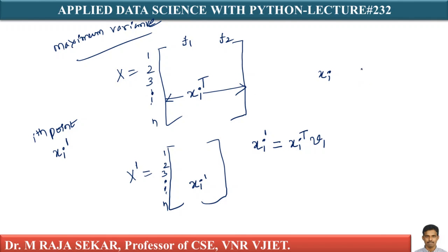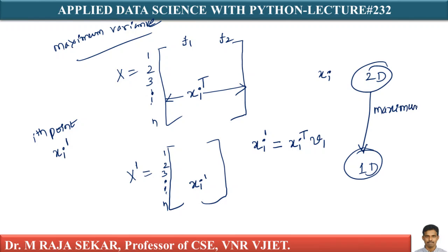I have originally two-dimensional data, and I am converting it into one-dimensional data by using the maximum variance method, that is PCA, isn't it? Yes. In PCA, when I want to reduce data from 2D to 1D, this is how I will do it.